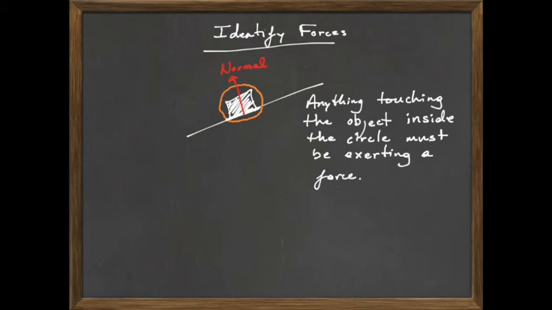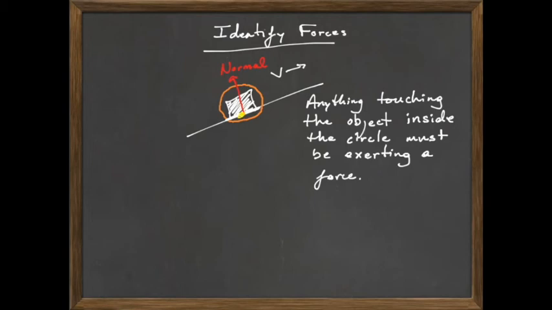Now, of course, because it's resistive, we have to be careful and we have to know exactly which way the force is going. So, for example, which way the object's going. So if we have a box and let's just say it's moving up the ramp, so it has a velocity up that incline, then it follows that friction would be resistive, and it's because of contact with the surface.